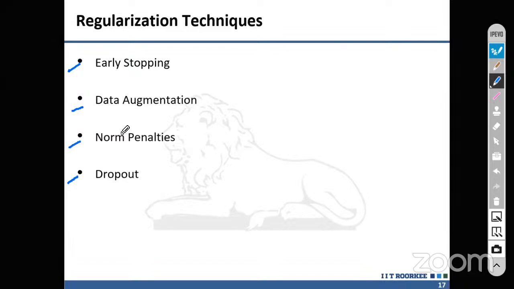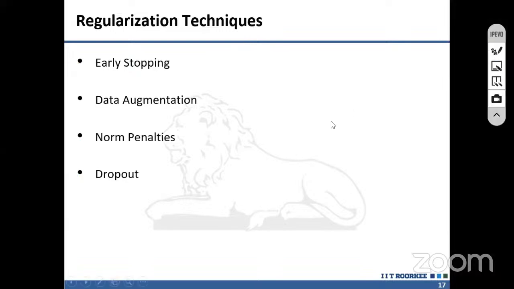These are techniques for regularization, so that even if it is overfitting, it will not produce more error in the testing data set. That's actually regularization: how you control those parameters.